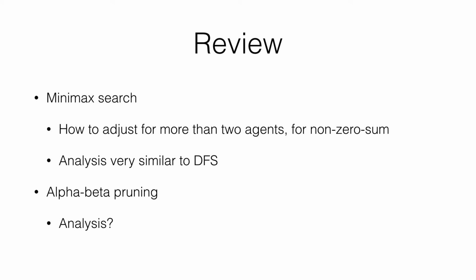And the analysis there really depends on the move ordering, and we didn't talk about this too much, but it's interesting to think about. If the move ordering is completely adversarial, it's possible to design counterexamples where alpha-beta pruning does nothing. It doesn't help you in any way.